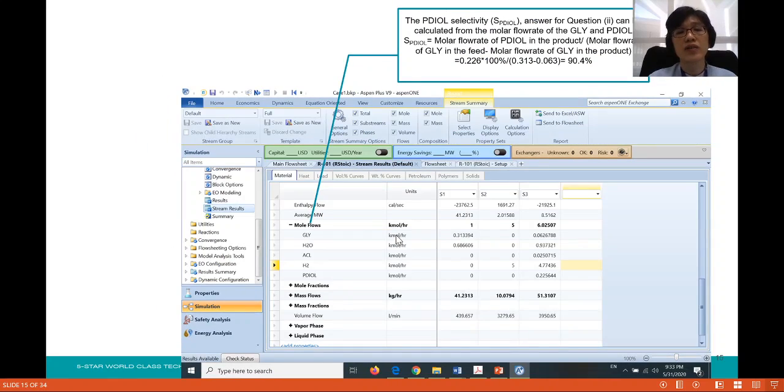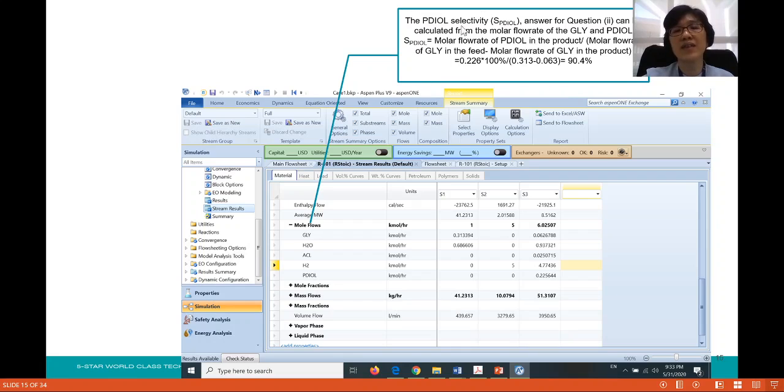For the second question, you are asked to calculate the selectivity of 1,2-propanediol. To do this, you can use the molar flow rate of propanediol in the outlet stream, and also the molar flow rate of glycerol in the inlet and outlet streams.